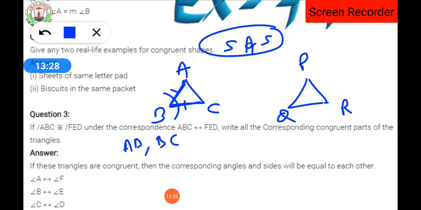That common vertex will act as an angle and that angle is included by that particular. So here again the same as two sides and the angle between them will be same, then only the triangle ABC is congruent to triangle PQR.